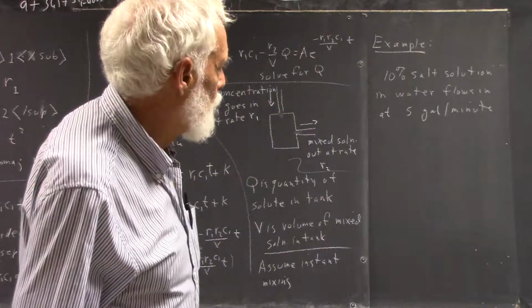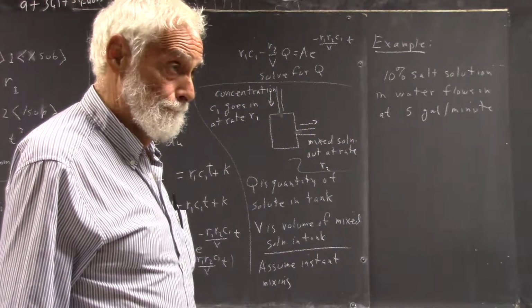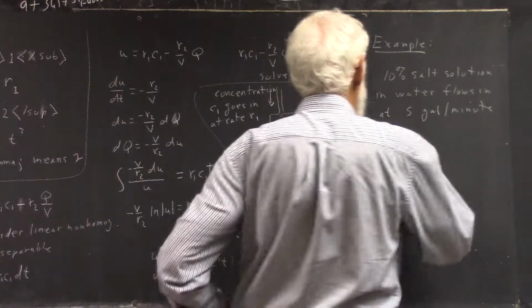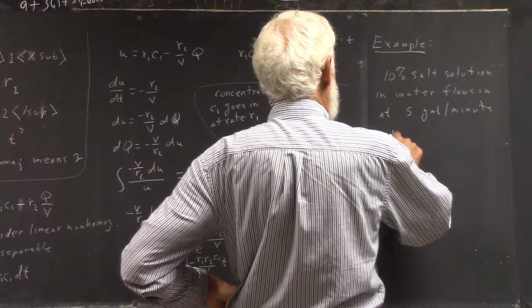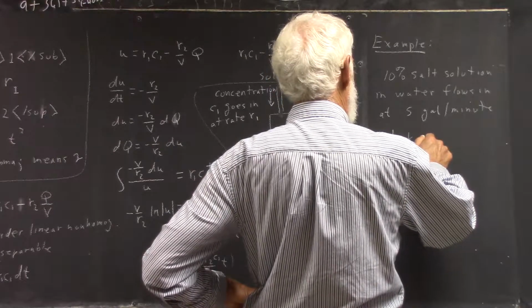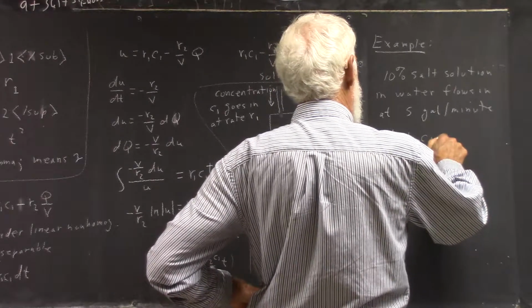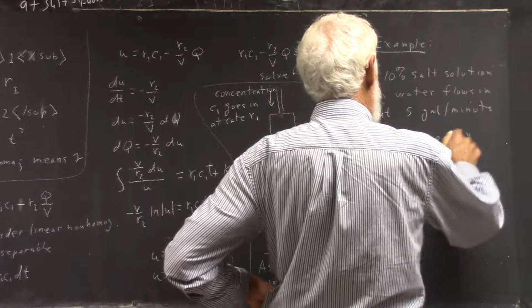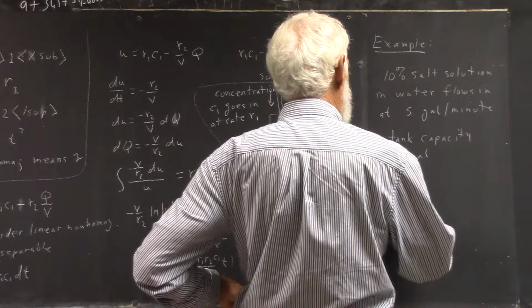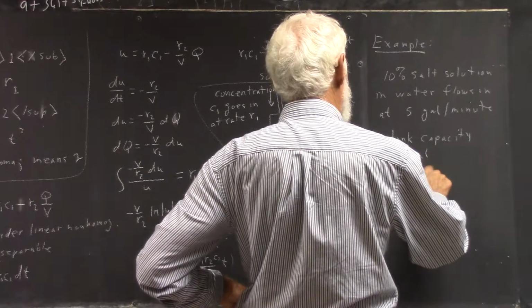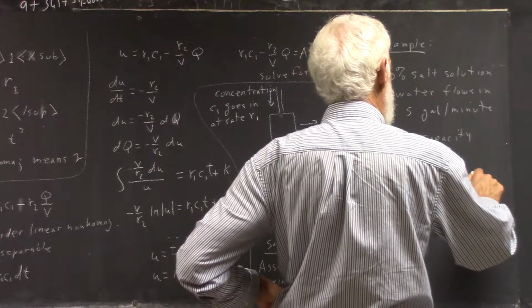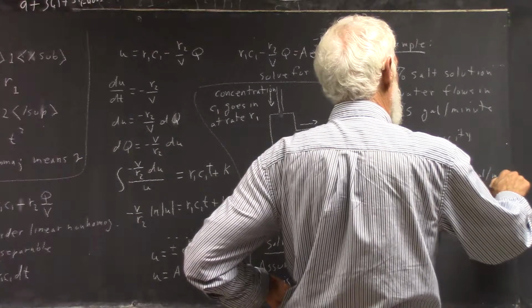A 10% salt solution in water flows in at 5 gallons per minute. Tank capacity, 100 gallons. Outflow at the same rate, 5 gallons per minute.